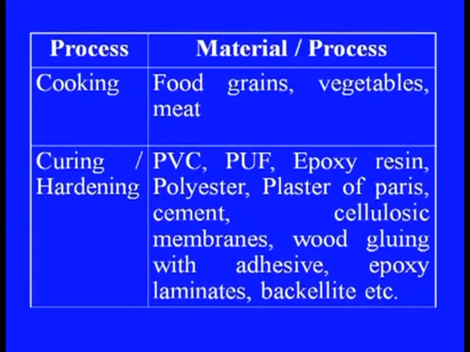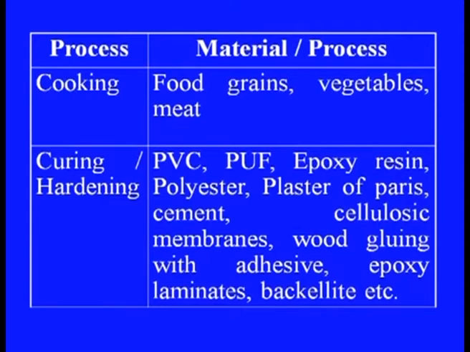In cooking, cooking of food grains, vegetables, meat, fish and so on is very effective. Then another very useful application of microwave is curing or hardening of polymeric composites, polymeric materials.